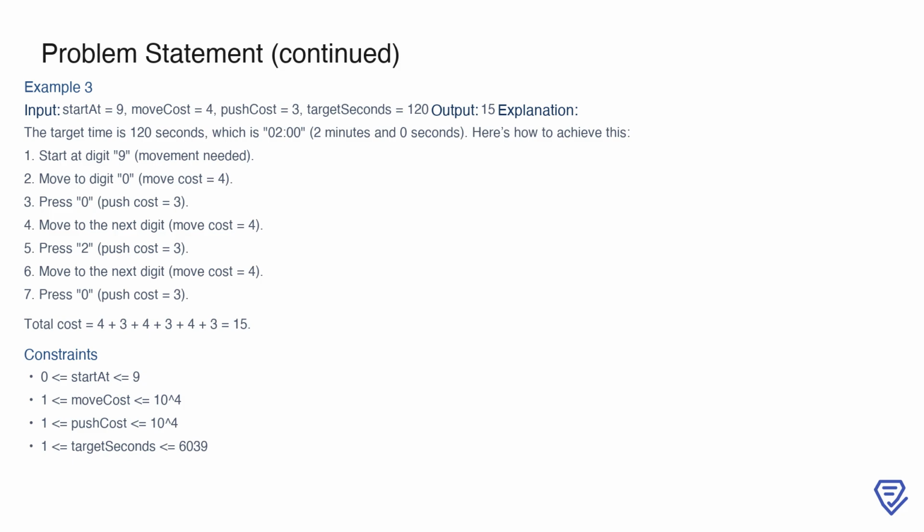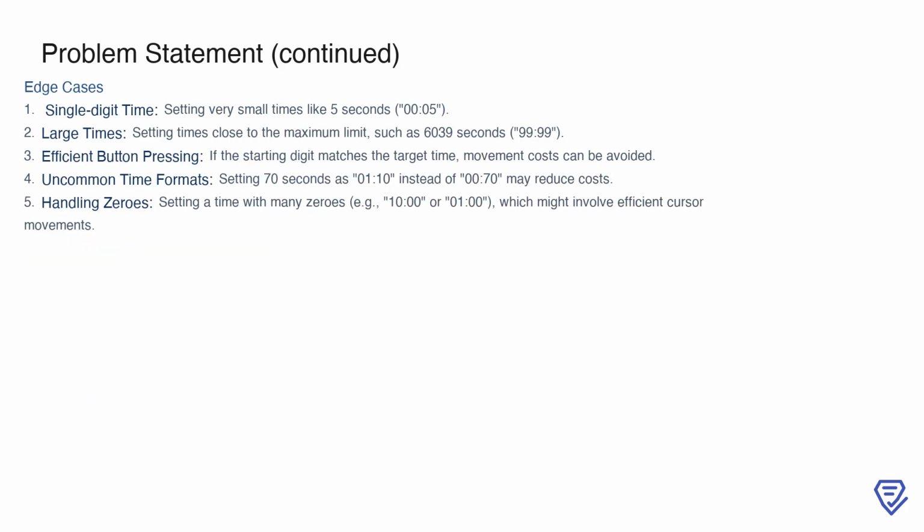There are several edge cases to consider in this problem. First, when setting very small times like 5 seconds, displayed as 0:05, you'll need to handle single-digit times efficiently. For large times close to the maximum limit, such as 6039 seconds displayed as 99:99, you must ensure the solution scales well.